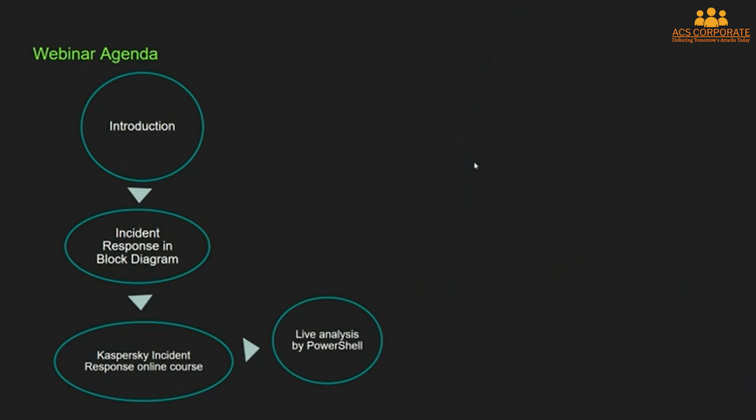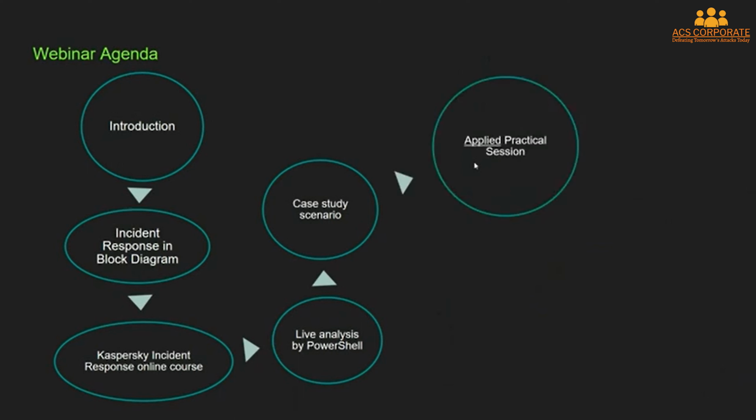And then we will introduce you quickly to PowerShell and why it's important to know PowerShell and how beneficial it will be to use PowerShell in live analysis on a compromised machine. After that, I will explain the case study that we have created especially for this webinar, and then I will hand the microphone to my colleague Kai to go through the applied practical session with you.